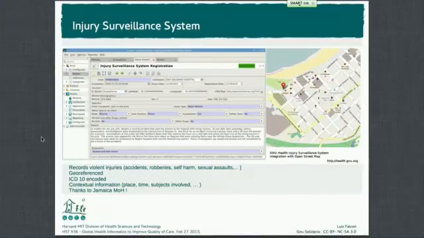Injury surveillance system actually comes from our Jamaica implementation, deals with violent injuries. They can be accidental or non-accidental. So you deal with work accidents, robberies, sexual assaults, suicide attempts, and so on.